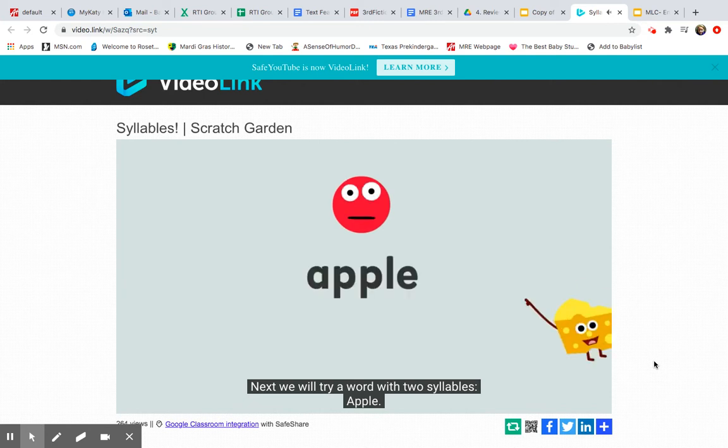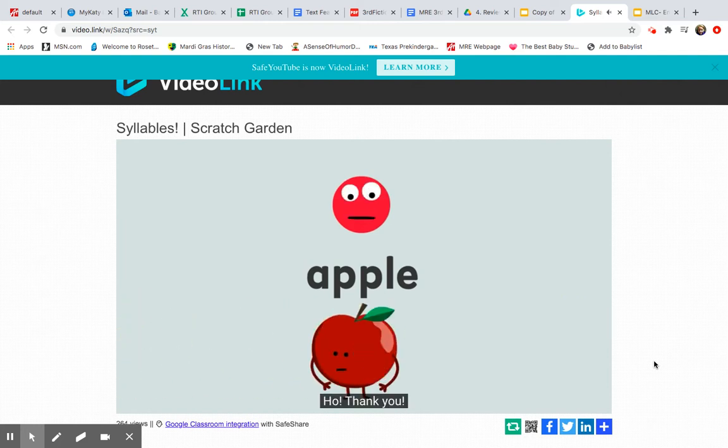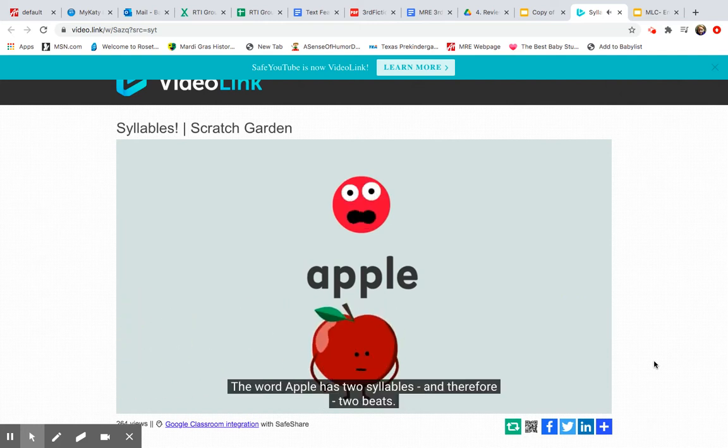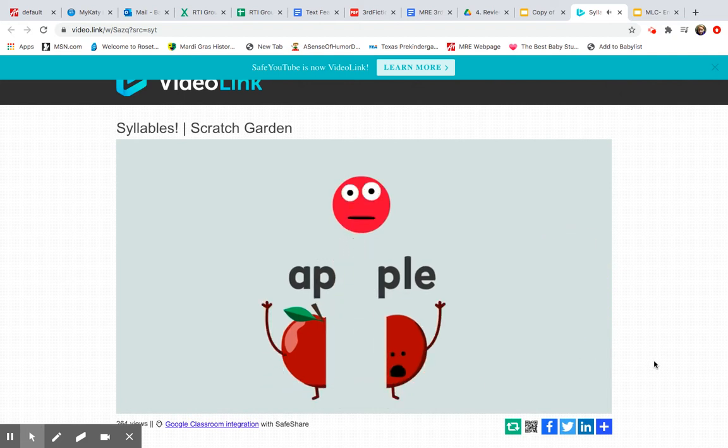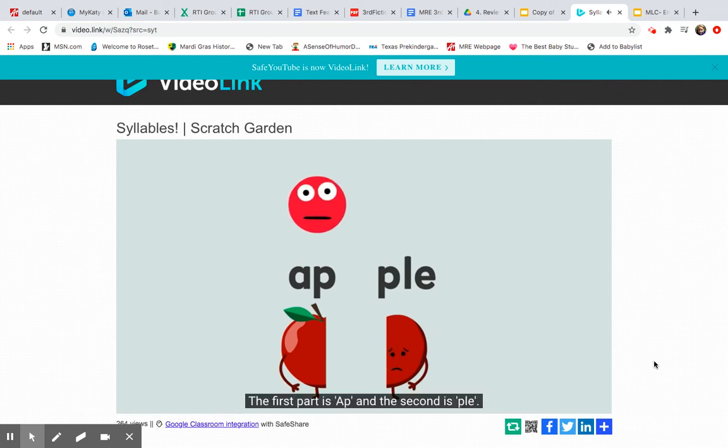Apple. Apple. Apple. Apple. I said apple! Huh, thank you. The word apple has 2 syllables and therefore 2 beats. It's kind of like it's split into 2 parts, like this. The first part is app, and the second part is pull.